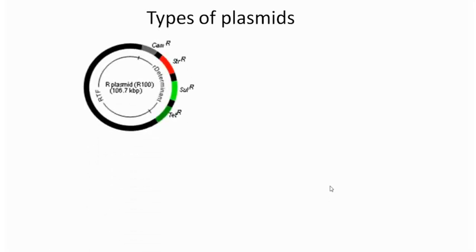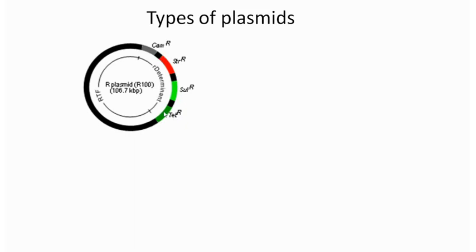So now let's see the structure of some of these plasmids. This is the R plasmid. The R plasmid is the resistance character bearing plasmid. They have a size of about 106.7 kilobases, and they have two segments. There is a big segment called RTF, resistance transfer factor, and there is another fragment that is called the R determinant. This R determinant contains antibiotic resistance genes of different types.